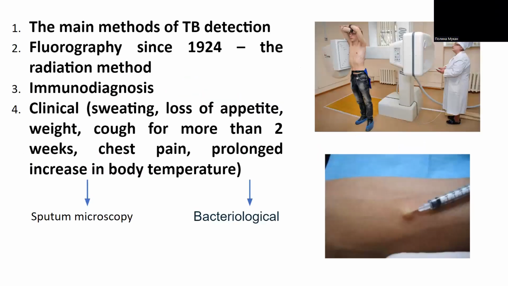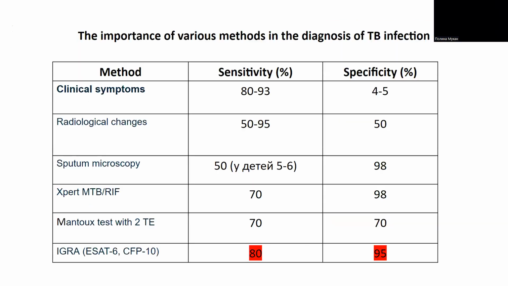The main methods of TB detection are fluorography, immunodiagnostics, and clinical examination. Symptoms include sweating, loss of appetite, weight loss, a cough for more than 2 weeks, chest pain, and prolonged increase in body temperature, and we can take a sputum microscopy or bacteriological method.